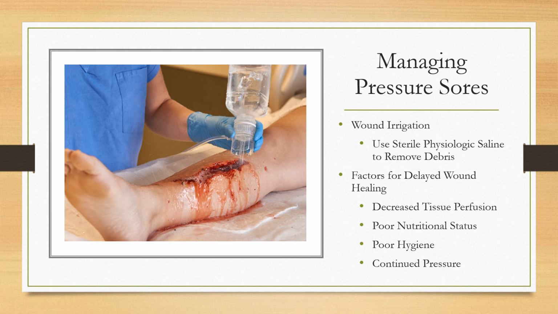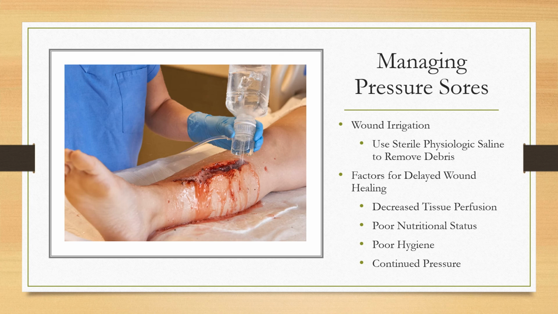So how do we manage a pressure sore? Well, get the pressure off it, right? That's number 1. You have to get the pressure off the area, whether it's a hip, sacrum, heel. That's number 1. Get the pressure off. Otherwise, it's just going to progress. With open wounds, closed wounds don't need irrigating, right?